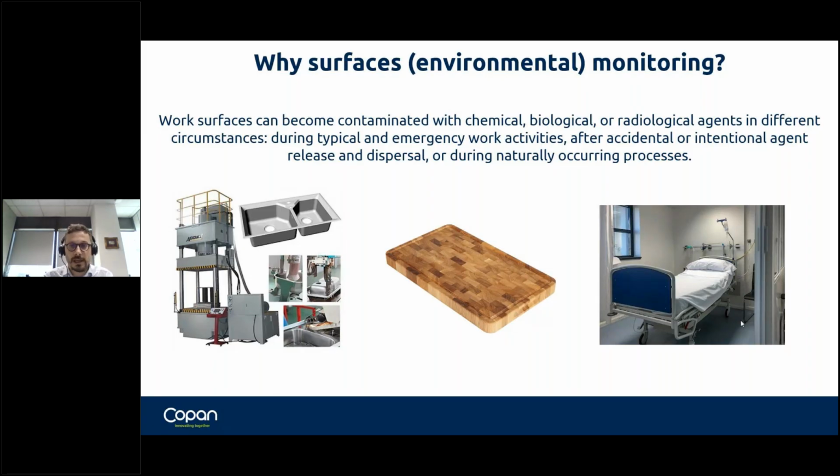And if the agent that contaminates the surface is a harmful substance, and the definition of harmful can change depending on the specific field where you need to monitor, the outcome can be extremely dangerous or at least threatening for general healthcare conditions.